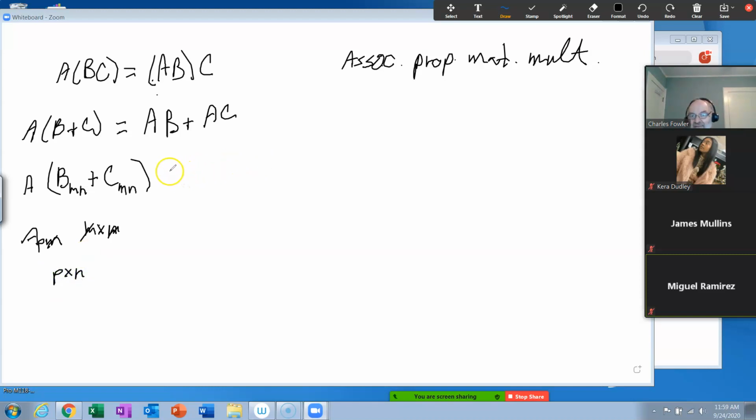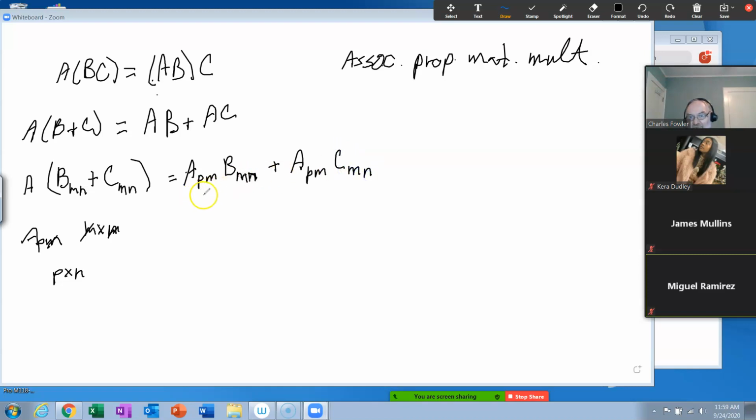Okay, let's do the right hand side. Using the same things we had before, we said A was a P by m matrix, multiplied by B, which was an m by n. Okay, and add to that A, which was a P by m, times C, which also was an m by n.